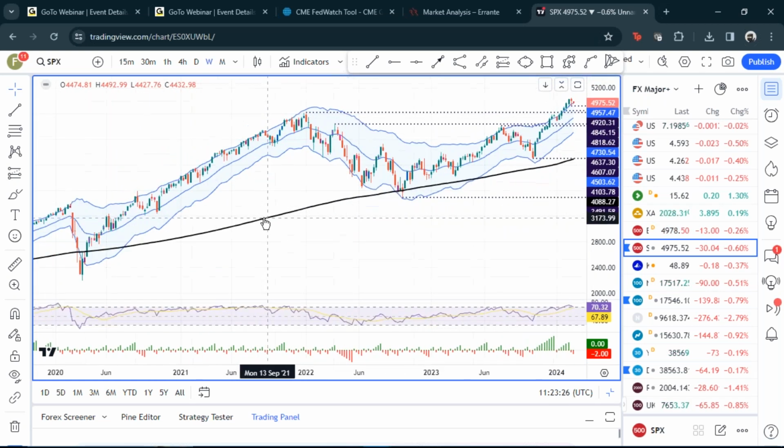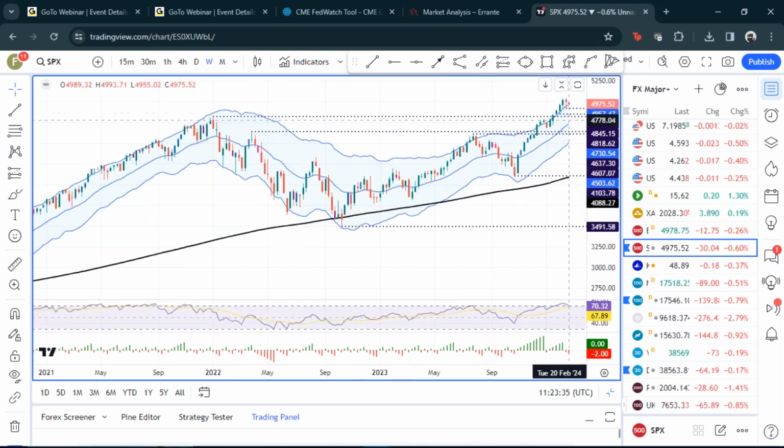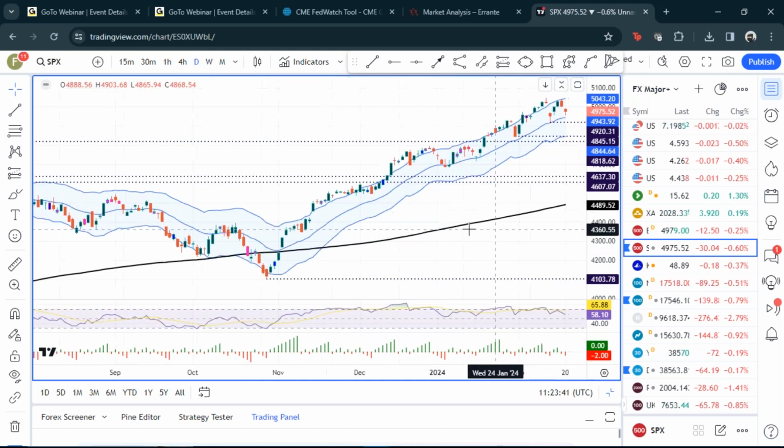Again, sometimes we can trade along the upper band for quite some time, many months in fact. So just as a guide, I always suggest using other indicators as well, and hopefully you do that.